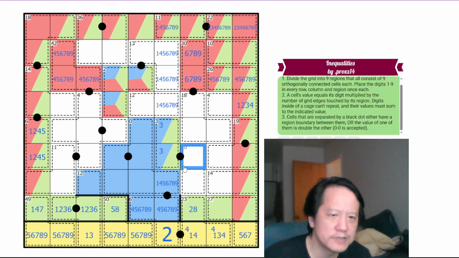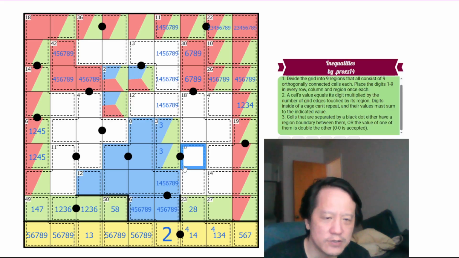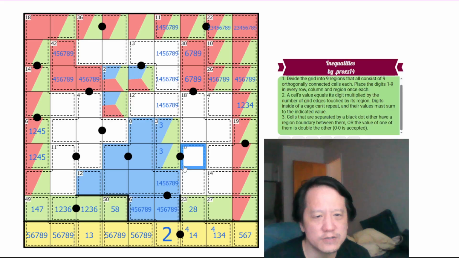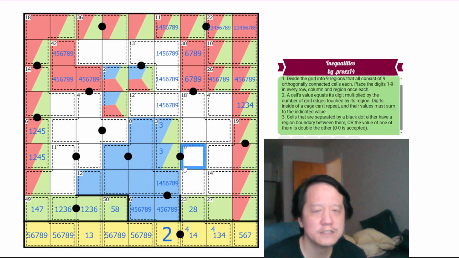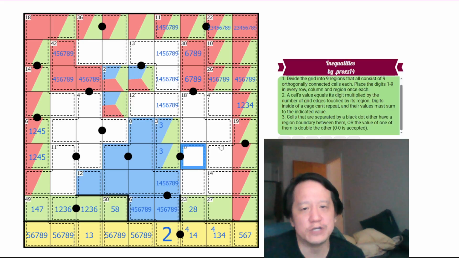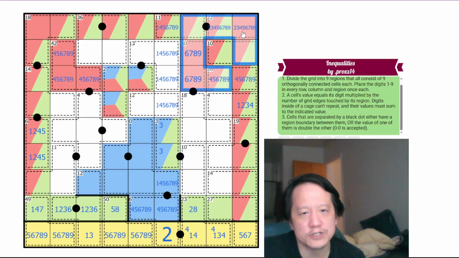What else are we looking for? I don't know. 11, 42, 30, 36. Yeah, the problem is we could have multiple regions which touch 2 edges.